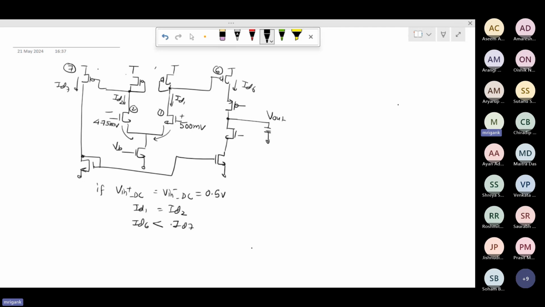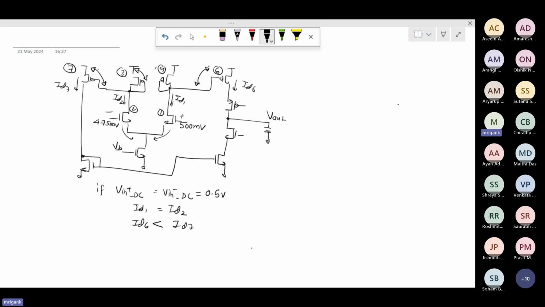What is the reason for that? So if your input DC levels are same, we are having the same current flowing in M1, M2. As a result, in M3, M4 also same current flows. And as a result, the VSG developed for M3, M4 will also be same. Whatever VSG you get for M3, same you get for M4. As a result, the VSG that you get for M7, same VSG you get for M6.